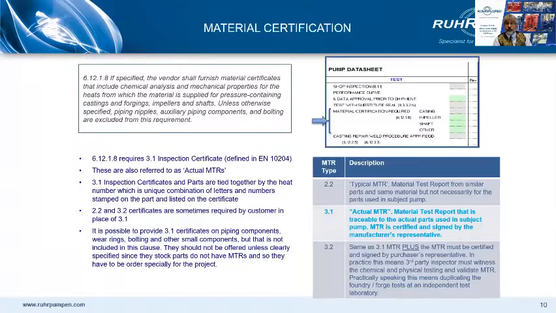Fabricated pumps, VS6 pumps, are made from plate and pipe and flanges that are supplied by stockists rather than directly from a forge. So again, additional materials need to be tested at an independent laboratory. You can get a 3.1, no problem, but a 3.2, you would need to get it independently tested.